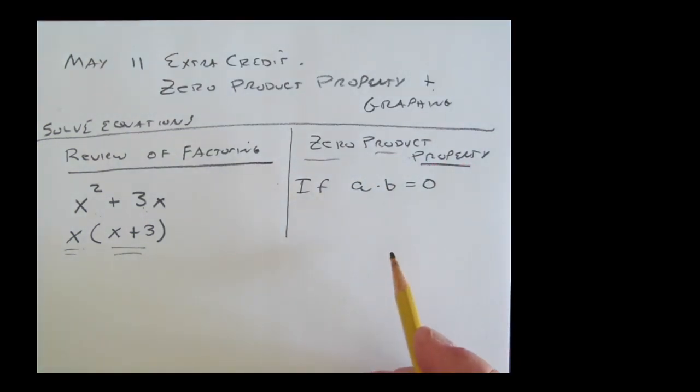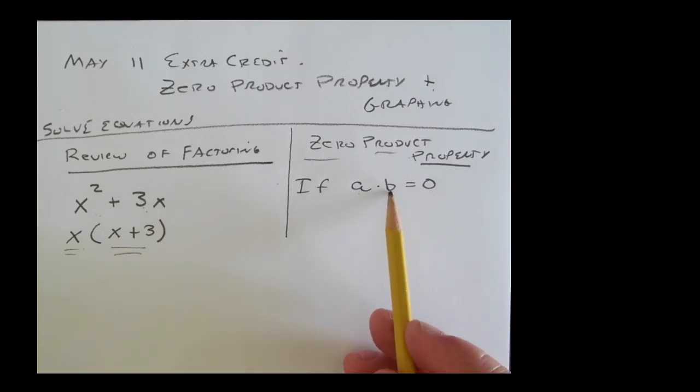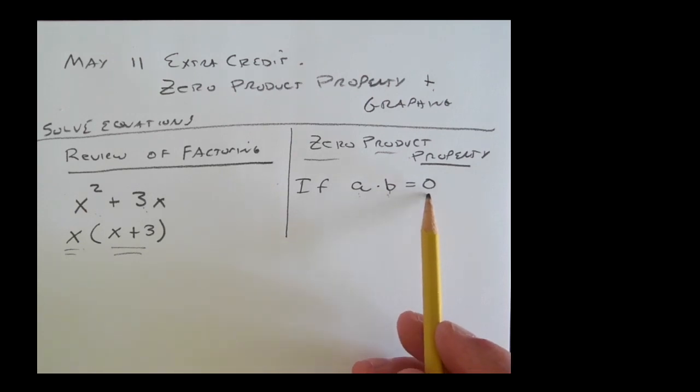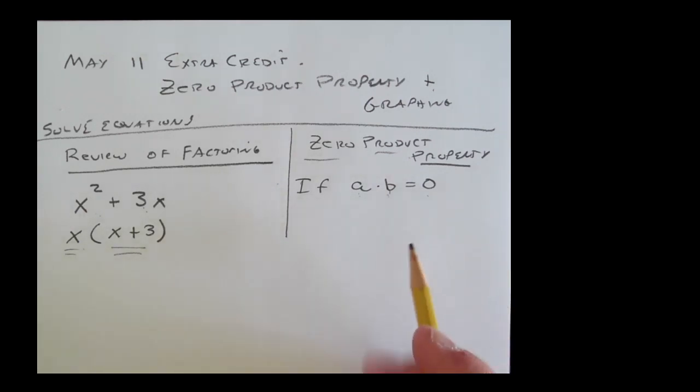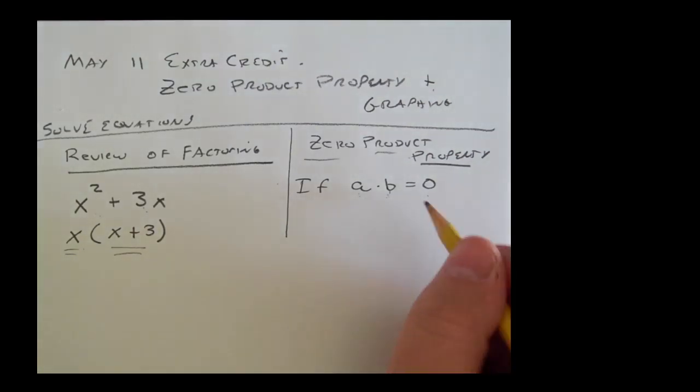So here's the premise of this. If I have two numbers, A and B, we don't know what they are right now. We could put in some numbers. What might you put in so that A times B equals 0? What's the rule that happens if two numbers are multiplied and you get 0?